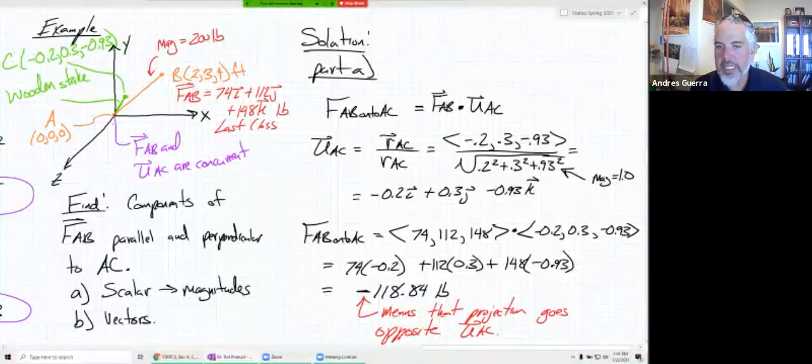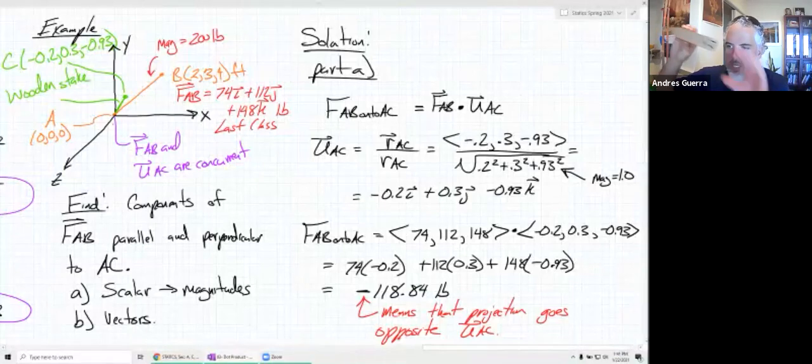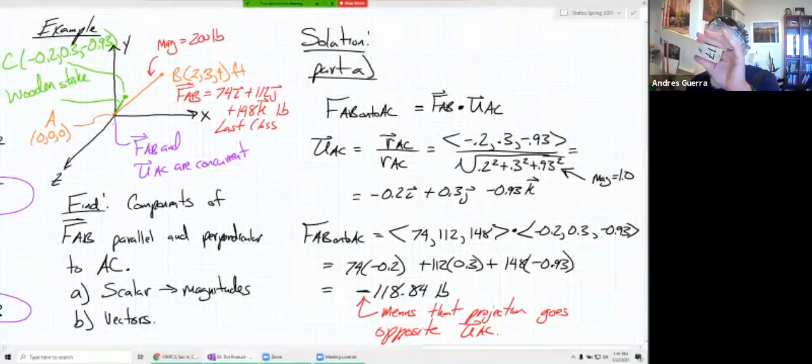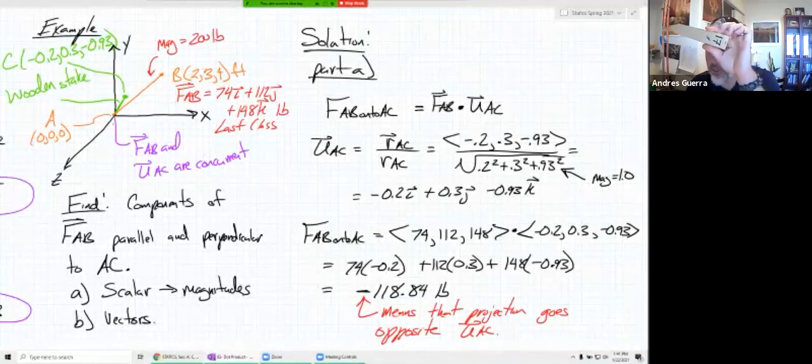And then the 118, that's telling us that out of that 200 pounds, there's 118 pounds going directly along this stake, and it's trying to pull this stake out of the board. So now we know exactly how much is trying to pull us out of the board right there. There's 118 pounds trying to pull this out of the board.